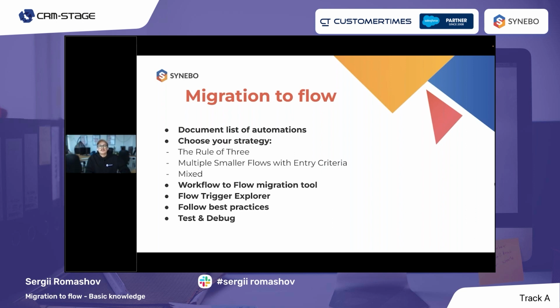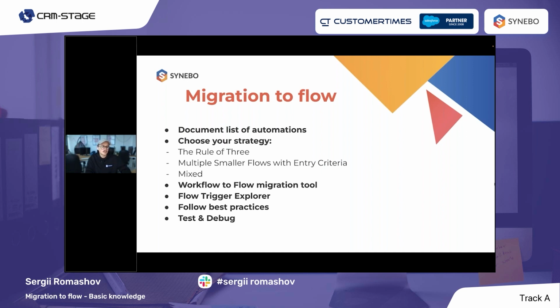It's really helpful when you have a lot of flows and you want to understand the order of them. You want to see it all in one place to have a better understanding of what's going on in your organization. And then you have to follow best practices when you create flows, the best practices I mentioned a few slides before, and test and debug your flows.